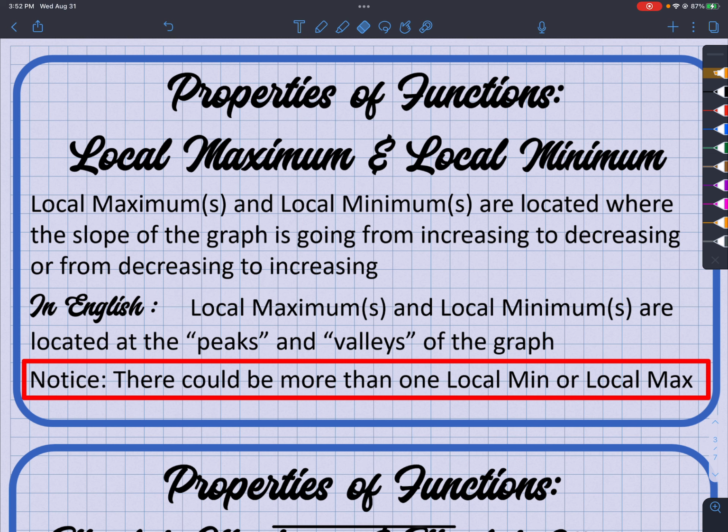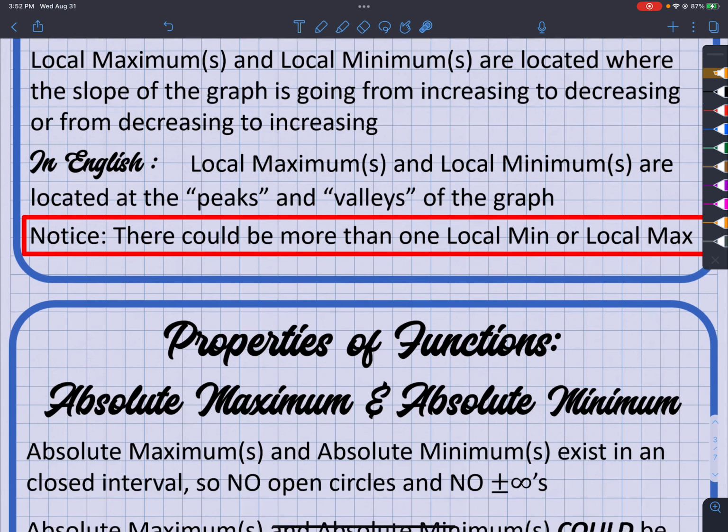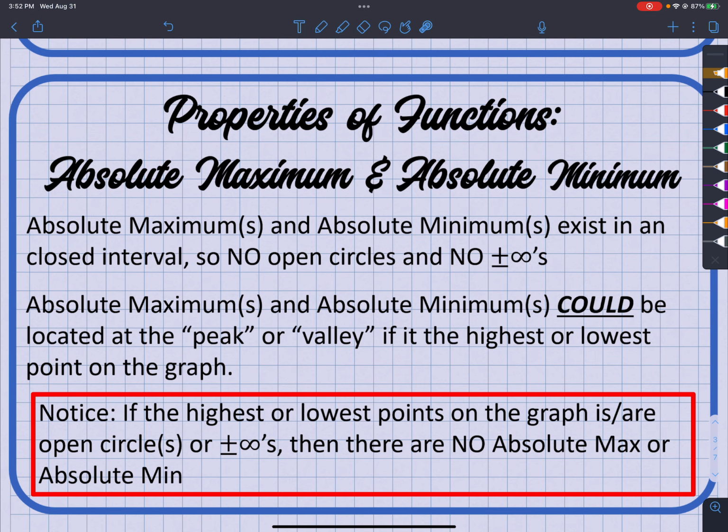So with the local max and mins, we want to make sure that we know that local max and mins usually are located in the peaks and valleys, where the global or the absolute max and mins are actually occurring.